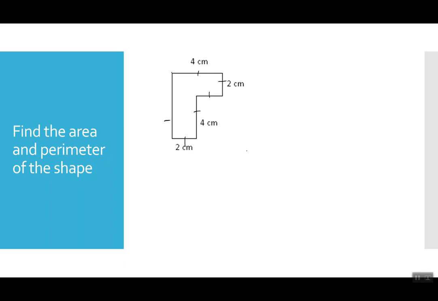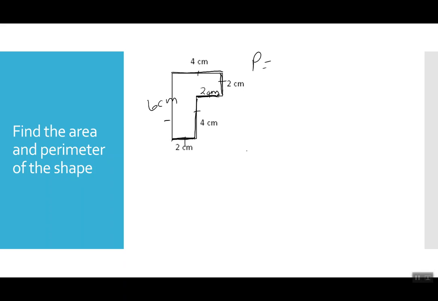Right now I have 4 centimeters here, I have 2 centimeters here, and then I'm missing a length. Well, here's what I know. From here to here is 2, and it's supposed to be 4 altogether, so 4 minus 2 says this is also 2 centimeters. If I look this way, this was 4, and this is 2 more, so this left side is 6 centimeters.